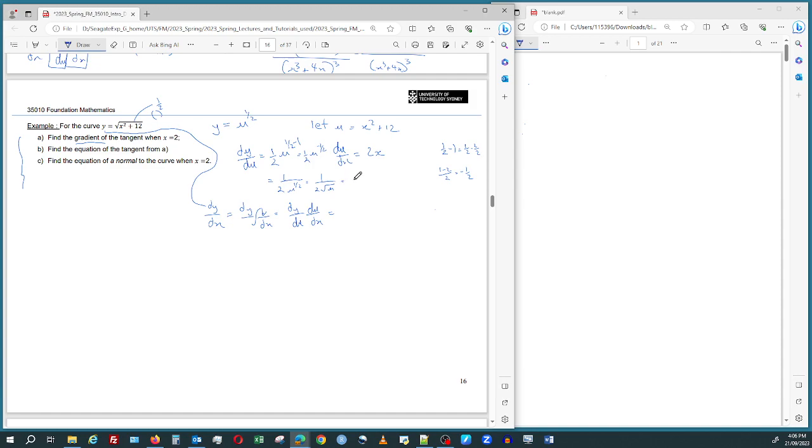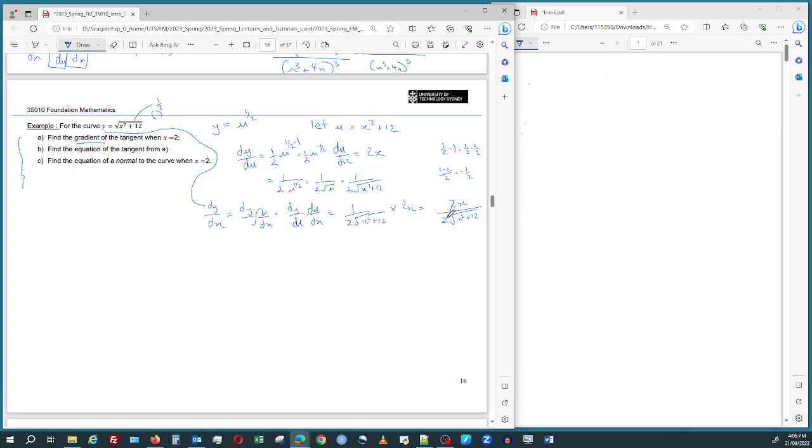And we can put the u back in. That'll be 1 over 2 root x squared plus 12, multiplied by 2x. And the 2x will sit on top, the 2 root x squared plus 12.